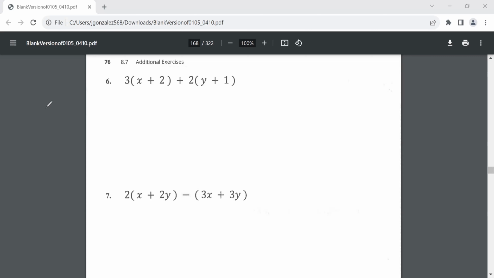All right, so here, distribute first. Remember we had that multiplication rule we wrote down? Distribute the 3.